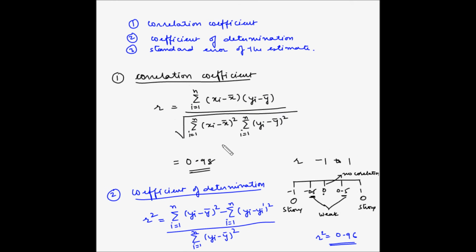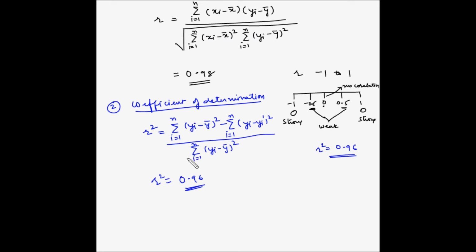And if you have already found out the value of correlation coefficient, you can either square the value of r, or you can again find the coefficient of determination as per the requirement.